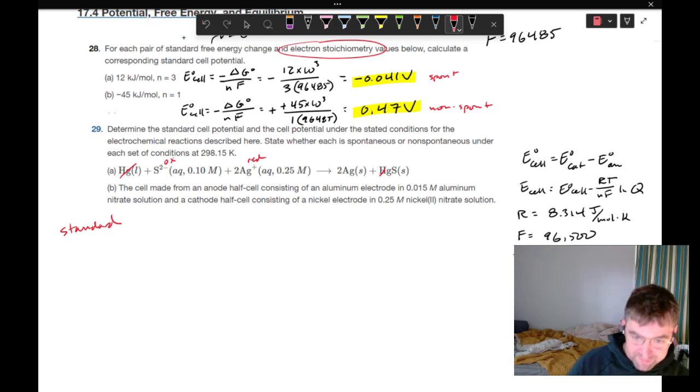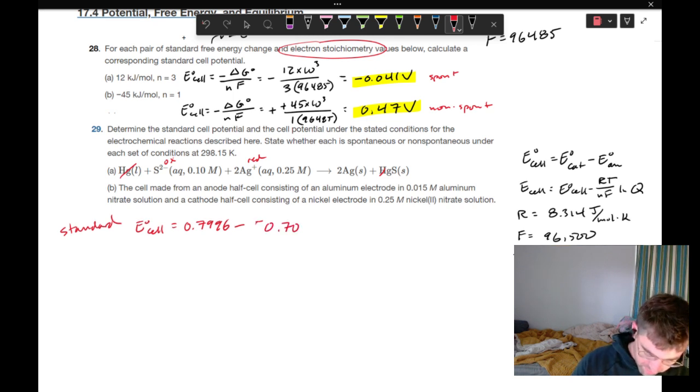Under standard conditions, E naught cell equals cathode, red cat, site of reduction. The tabulated value for silver, we've already seen this a couple of times, 0.7996, minus the anode, which we decided was sulfur. And that value from the text is negative 0.70. These are both in volts. So plus a positive, you get 1.4996 volts. That's your standard cell potential.